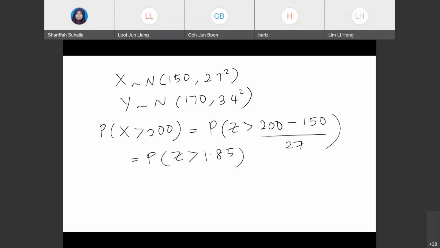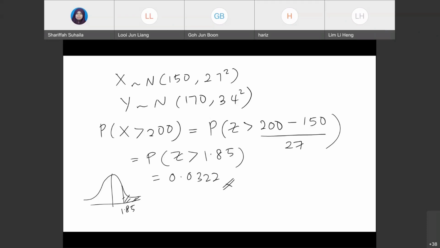You want to find Z greater than 1.85, so this is your shaded area. In your table, the probability given is Z greater than z alpha, so you read directly from your stats table. The answer is 0.0322. It's direct. So you standardize, minus your mean, divide by the standard deviation, and then read from your stats table.